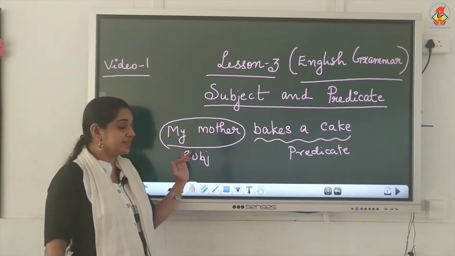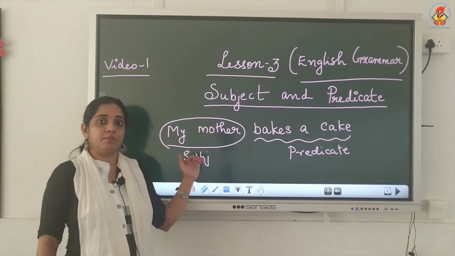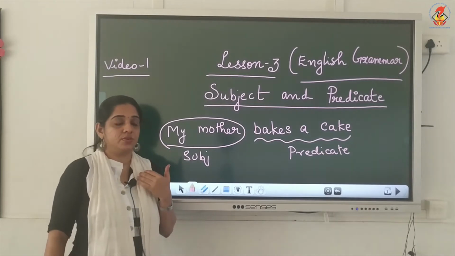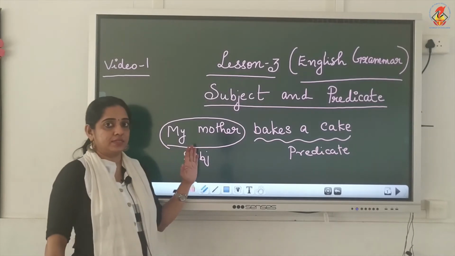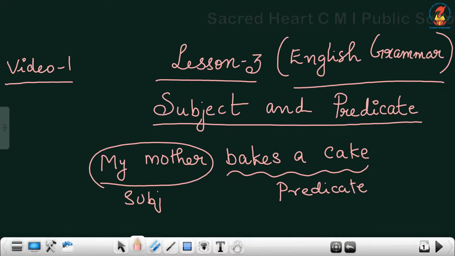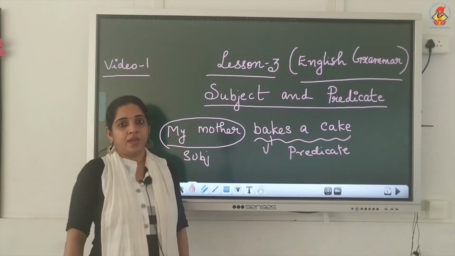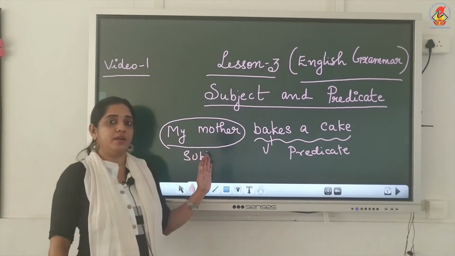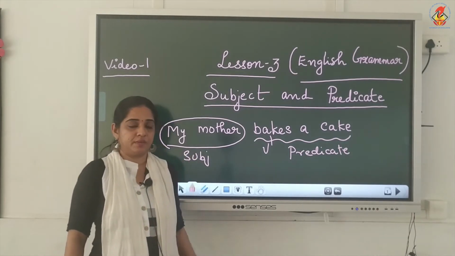So what is the sentence about? The sentence is about my mother. So my mother is the subject, and more details about a subject is called a predicate. Usually the verb, this verb bakes, will be a part of the predicate, and in almost all cases the subject will be a noun.